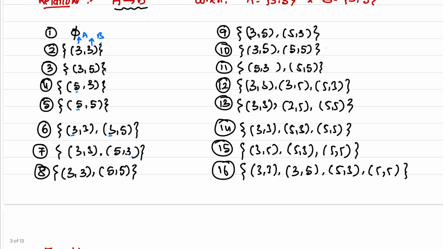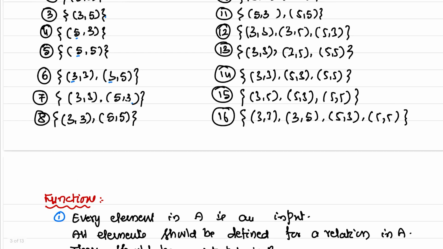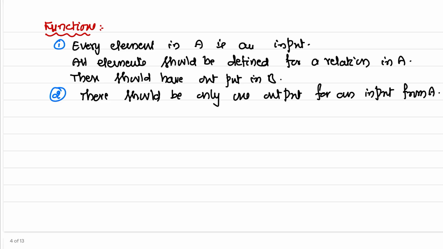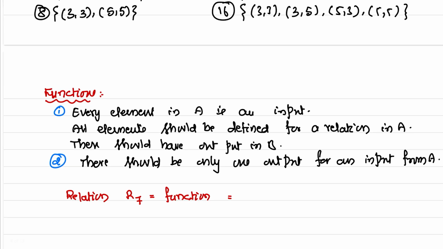And here 3 and 5 are defined. 3 has got an output of 3 and 5 has got an output of 3. There is no problem. That means relation R7 is a function. Please try to understand. Relation R7 is 3, 3, 5, 3.